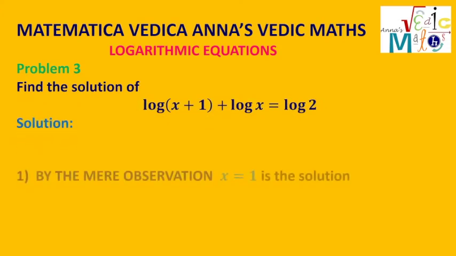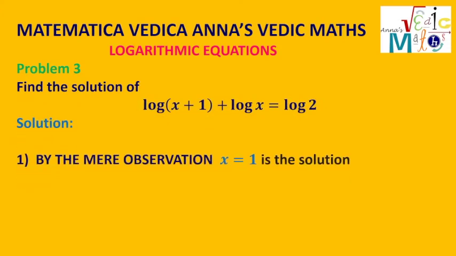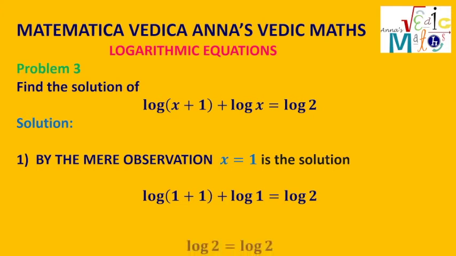We can find the solution also by mere observation. In fact, x equal 1, it's easy to understand that it is the solution. If we put x equal 1, here we have log 2 equal log 2, very easy.